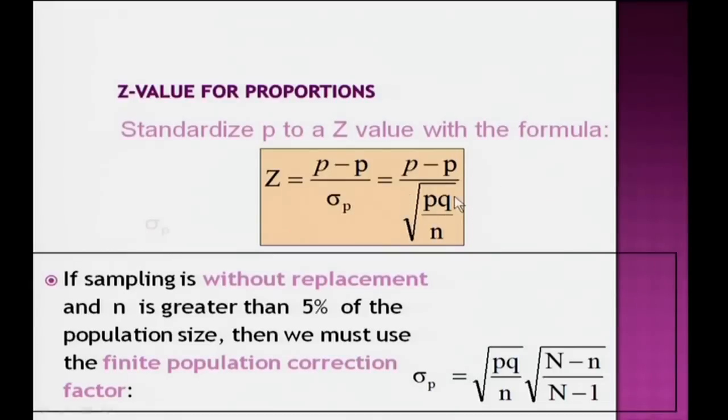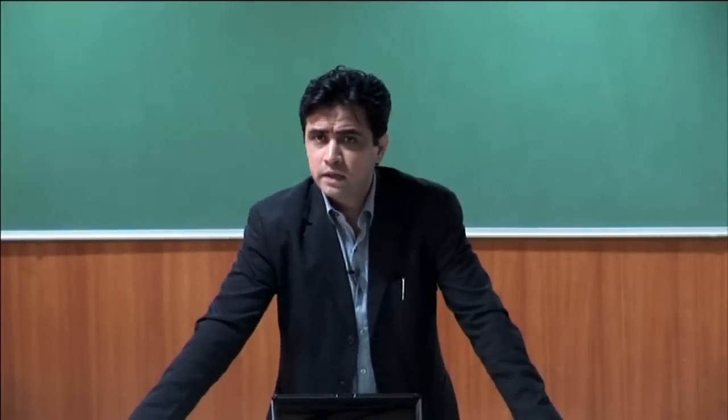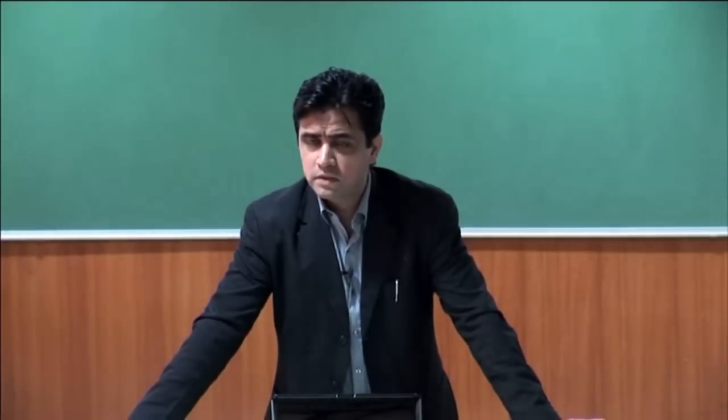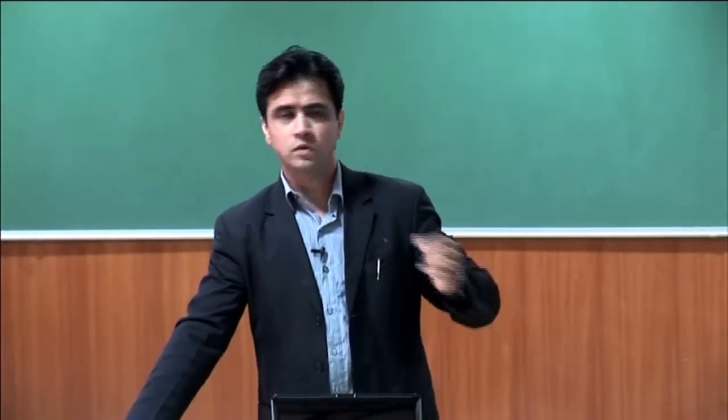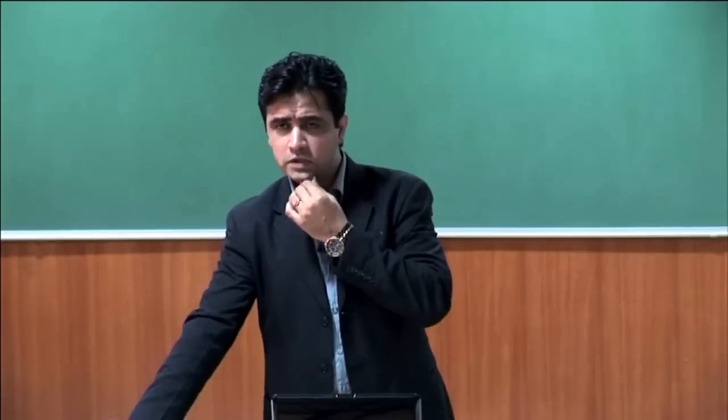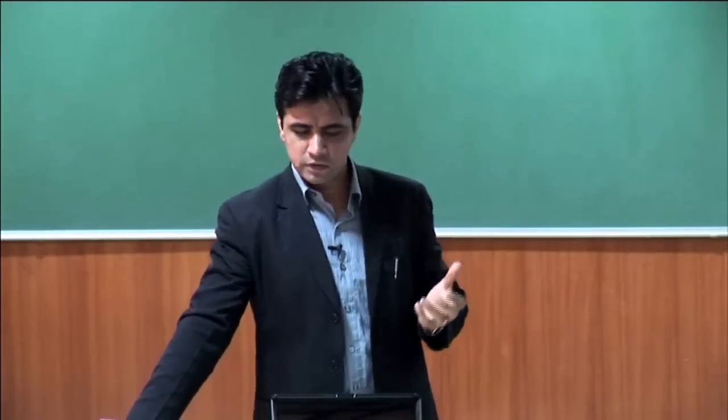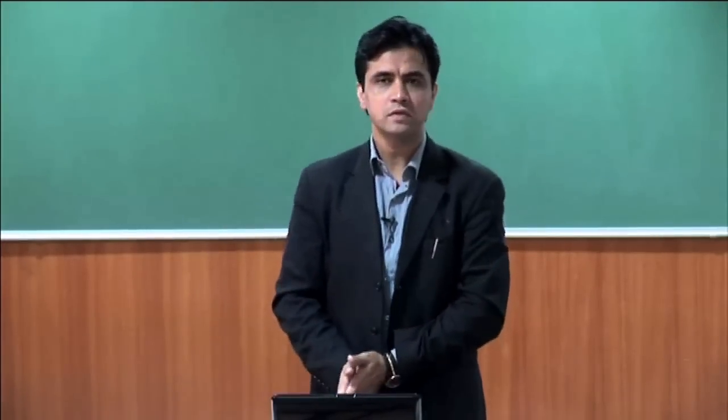This is one case, and the second case is if your sample is without replacement and n is greater than 5% of the population size. Like we were saying, if we have to select 5 colonies out of 20, our population itself is 20, so a sample size of more than 30 is not possible.